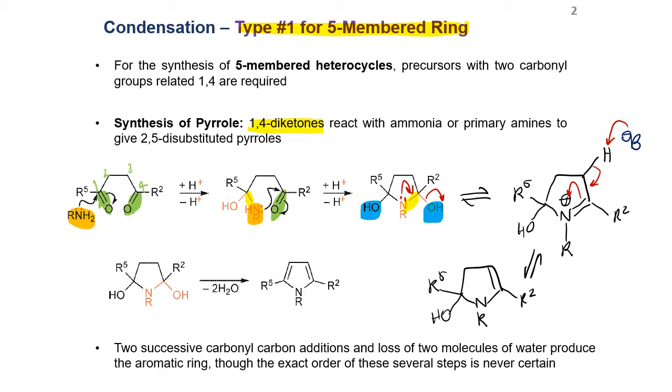And this process can be repeated again with these hydroxy groups with the proton here to form the second double bonds, and eventually you are going to get pyrrole as the final product.